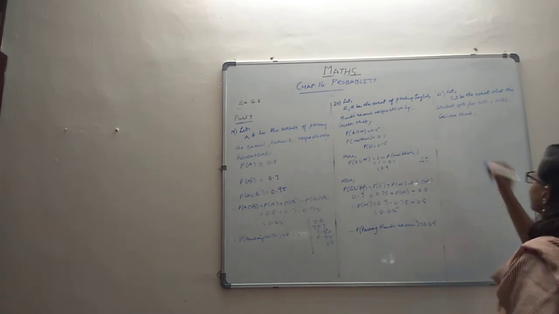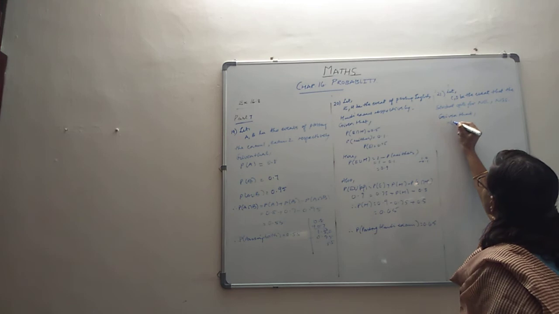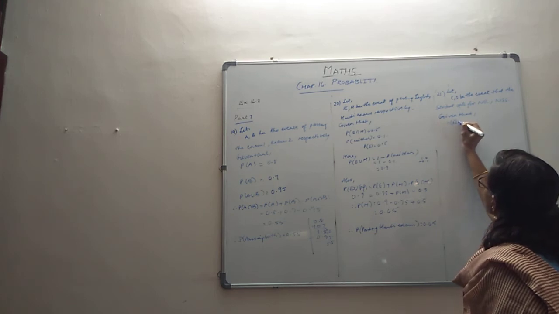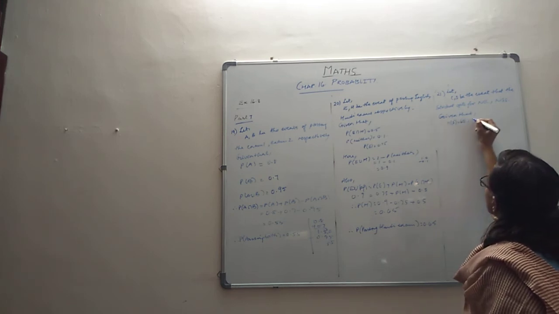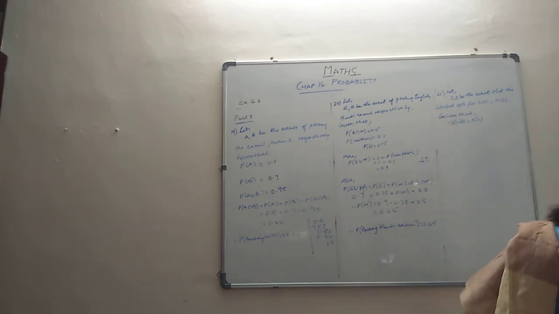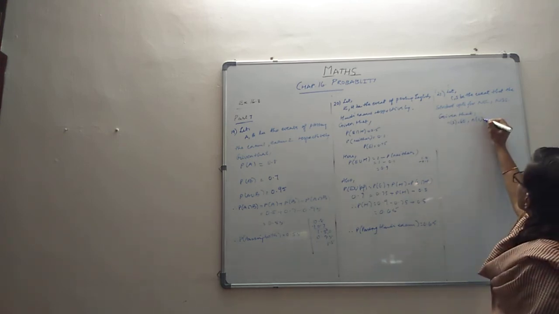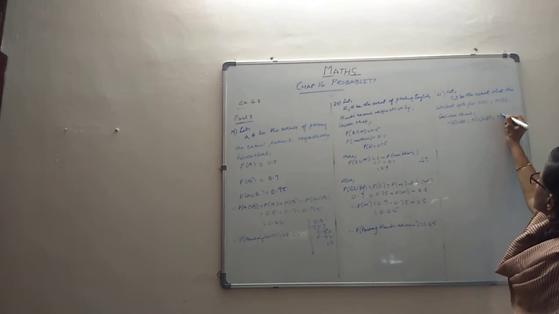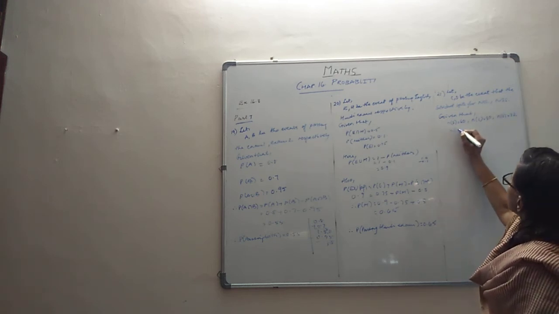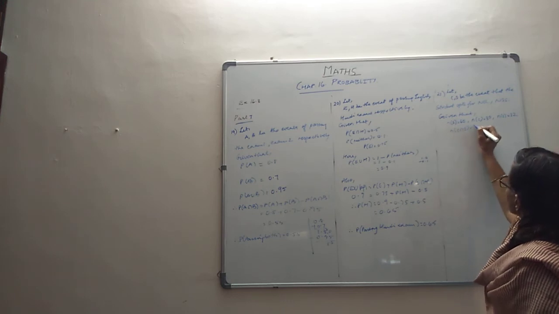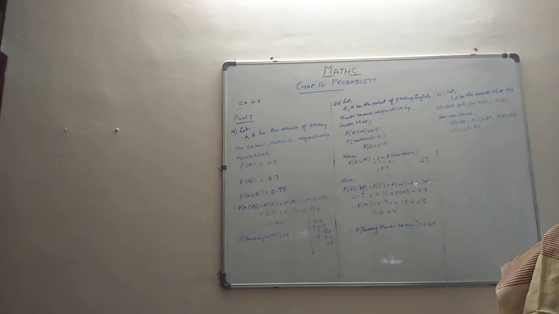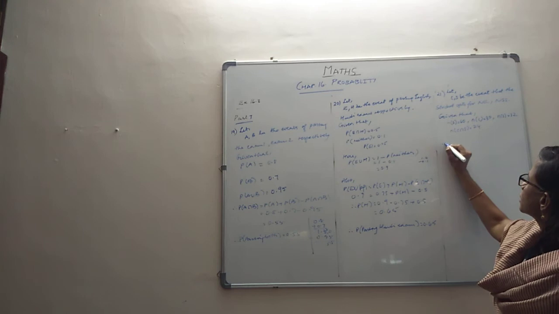N of S total is 60. N of C, NCC people, they are 30. N of S, NSS people, they are 32. N of the intersection is 24. Yes. So let's get the P's.